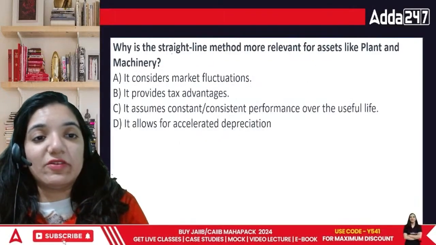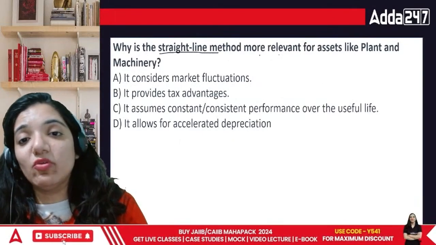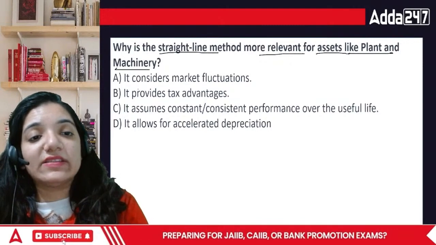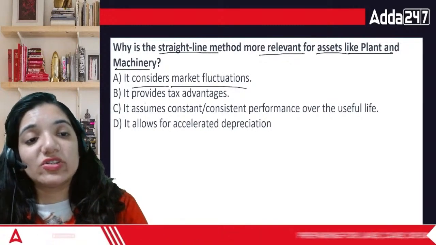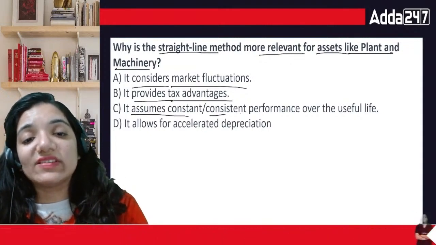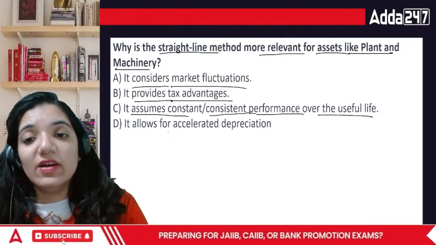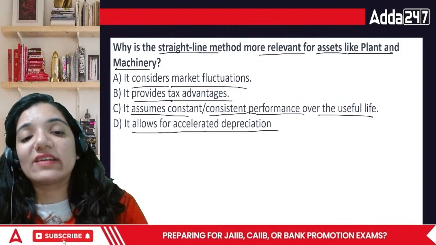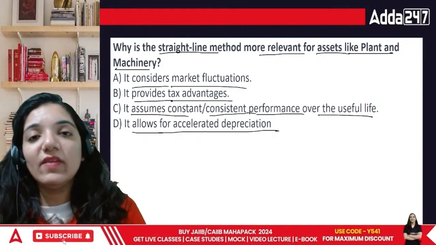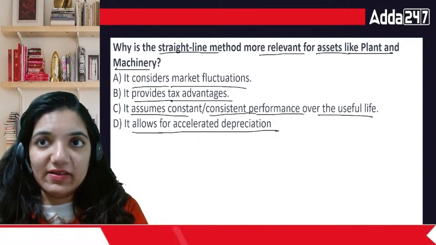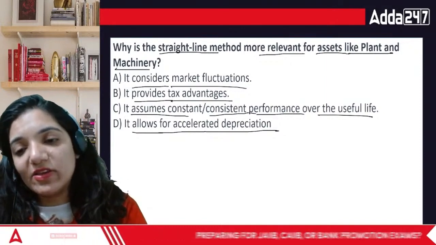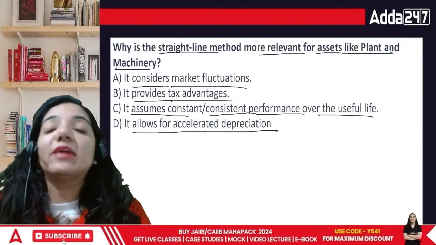Now comes the next point. Why is the straight line method more relevant for assets like plant and machinery? It considers the market fluctuations. It provides tax advantages. It assumes constant, consistent performance over the useful life, or it allows for accelerated depreciation. What would be the answer? Why is the straight line? See, if you look at the income tax department, it allows only the usage of SLM or the WDV method.